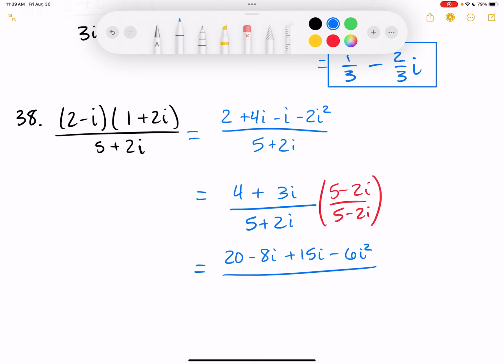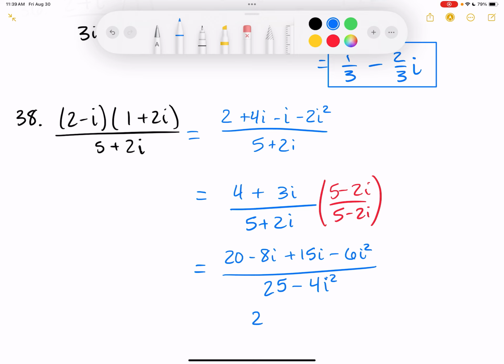All over, what is the bottom? 25 minus 4i squared. So then on top, I'm going to go ahead and turn this into a positive 6.